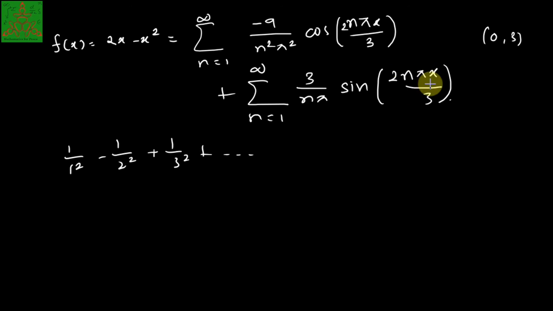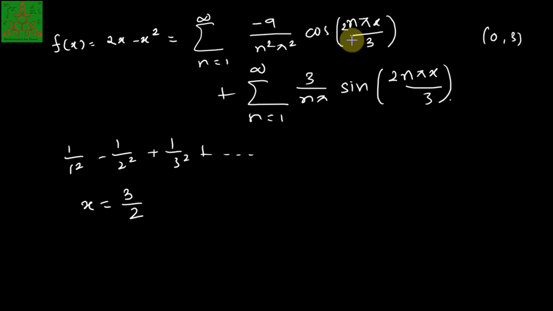So if I substitute x is 3 here, this will become 0 because sine 2n pi you will have, and that quantity will become 0. And the cos 2n pi will be plus 1, and you already have the minus. But in that case, you will not get the alternating sign if I substitute x is equal to 3. So if I want the alternating sign, I have to substitute x is equal to 3 by 2.